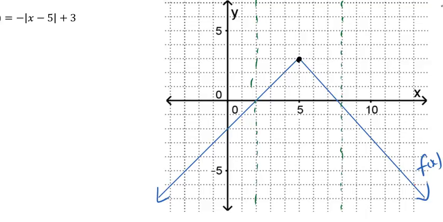Okay, and what else do I know? Well, I know where they pass through 1. They're going to cross there. I know where they pass through -1. They're going to cross there.